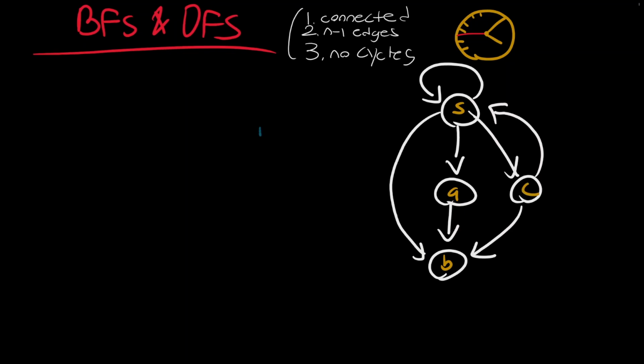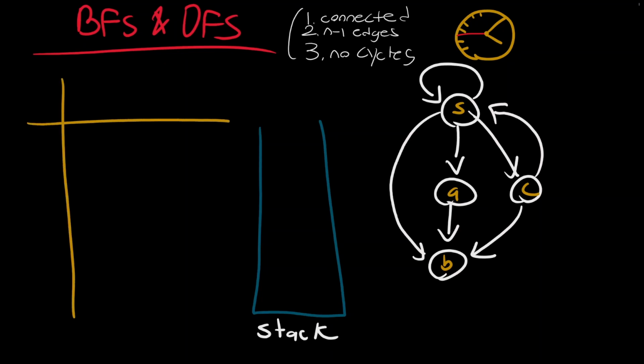Now let's add our stack, the stack we're going to use. You can pause the video and try to see what you'll get out of a DFS traversal. But I'm going to go ahead and start writing this times table that we're going to use to track the time. We're going to have a start time, and then a finish time.